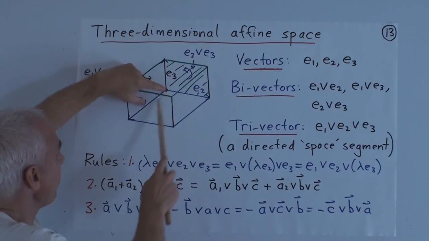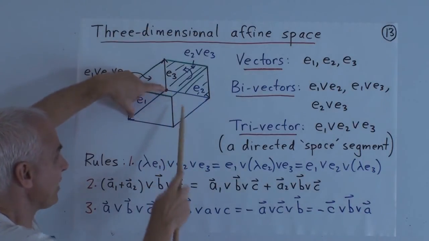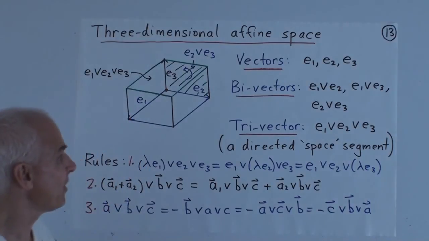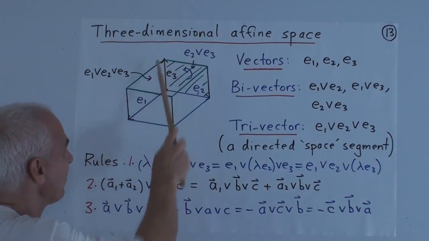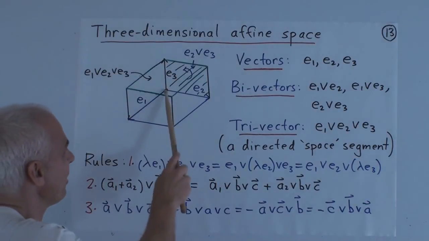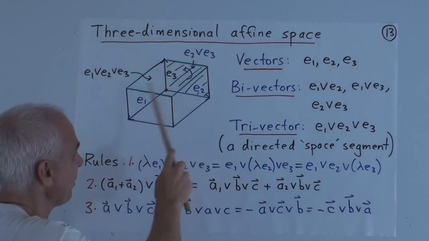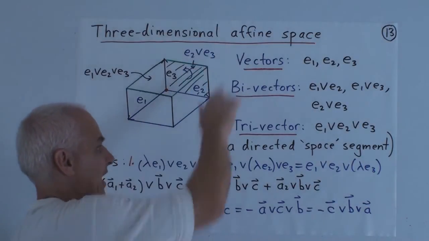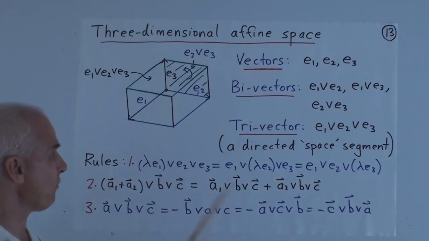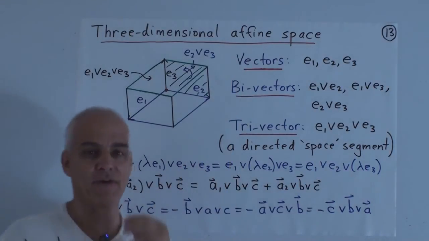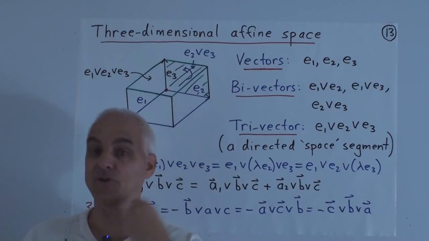There's E1 wedge E2, which represents that horizontal plane direction. And there's E1 wedge E3, which represents that face of our little box. And over here we have E2 wedge E3, that little parallelogram represents that face of the box, or represents that plane.